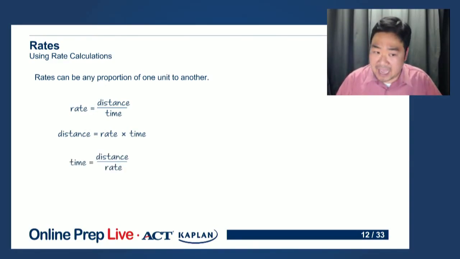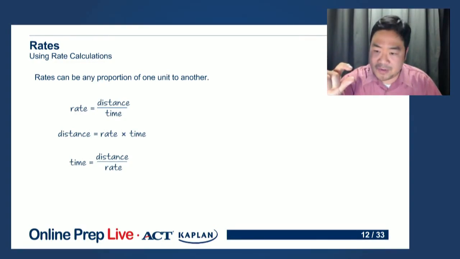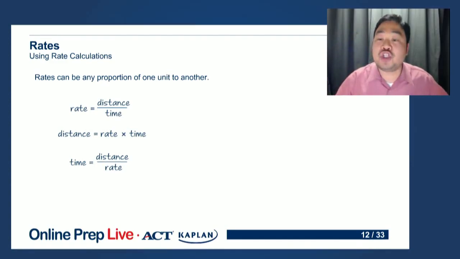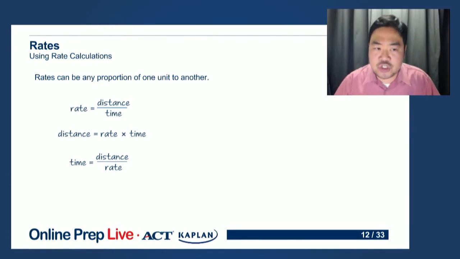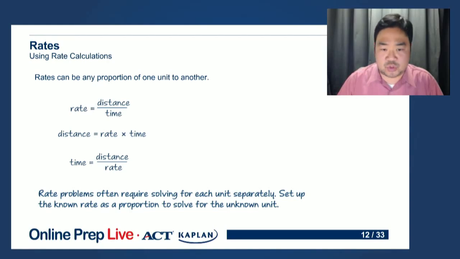Or if you want the time, let's say I went 60 miles and I went 30 miles per hour. Well, 60 miles is the distance, 30 miles per hour is the rate. 60 divided by 30, I went 2 hours for the time. Okay, so remember to use these rate calculations when you're looking at those sort of questions.